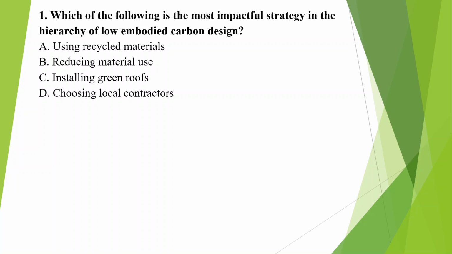First of all, you have to think whether you require this building, whether there is a need to construct such a big building. If it is not required, then we can reduce the material use. Once the design is fixed and finalized, then we can use recycled material. That comes in the next steps, but not in the topmost step.